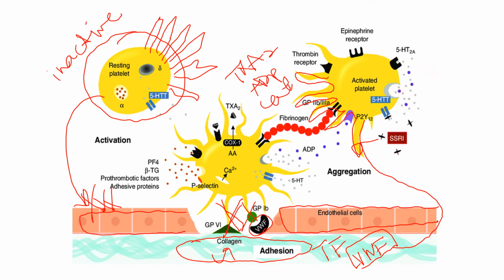So once you activate the platelets, those pseudopods become apparent and become adherent to Von Willebrand factor, which is found in the subendothelium. So normal endothelium will prevent platelets from adhesion, but once you have injury to the endothelium, you have exposure to Von Willebrand factor, and this will lead to platelet adhesion.